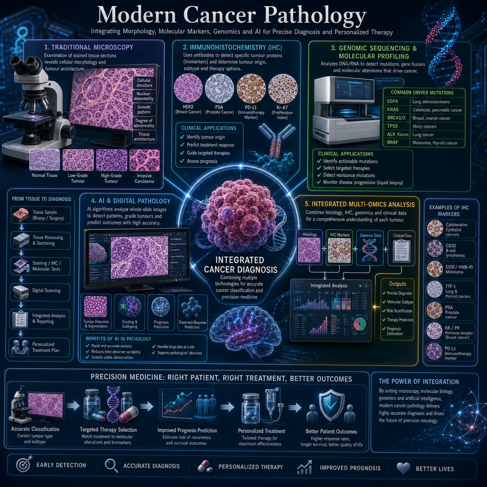It has become the central decision-making platform that connects microscopy, immunohistochemistry, molecular biology, genomics, artificial intelligence, and clinical medicine into one unified goal: delivering the right diagnosis, selecting the right treatment for the right patient at the right time. That integration is transforming cancer care and bringing us closer than ever to truly personalized oncology.